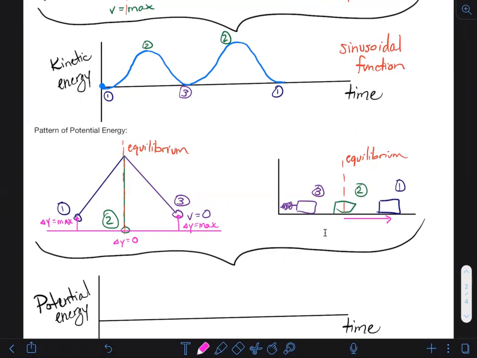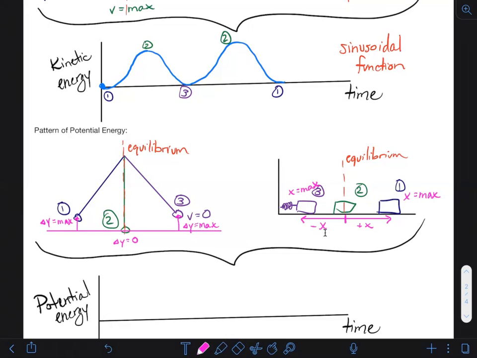But in either case, whether we are moving to the right or to the left, we really are maximizing the stretch in our spring. And we have minimized, and in fact zeroed, the stretch in our spring when we are at that equilibrium position. So it's the same pattern, right? Our potential energy is going to be maximized when we're at our extremes, and minimized when we are at our equilibrium position.